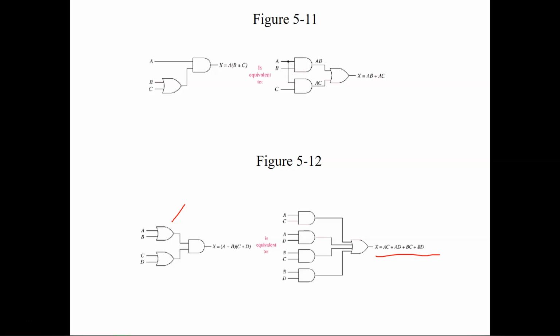If B signals, this guy goes. If both signal, this guy goes. Then down here, I have to hit C, D, or both. So essentially, you just need one from each side to go off.